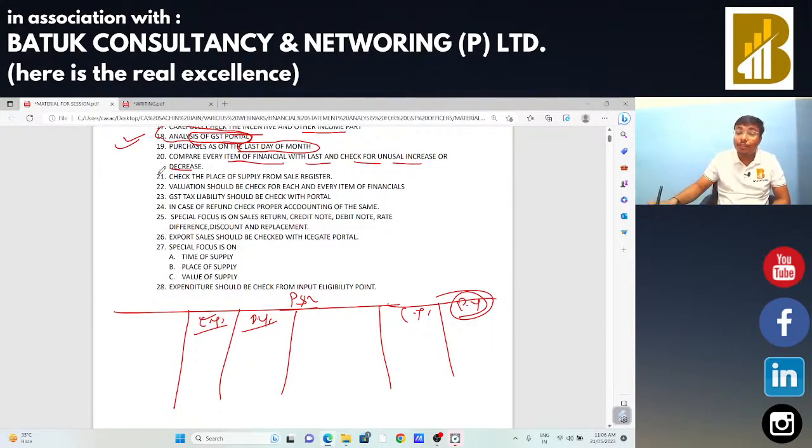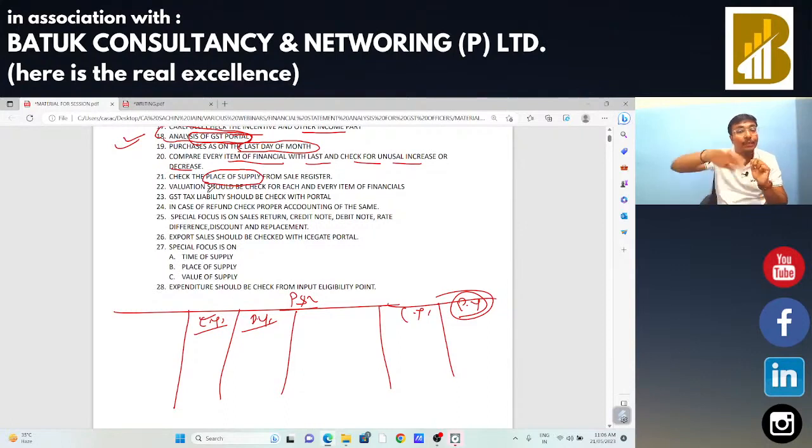Next, check the place of supply from the sales register. Sir, when you are going to check the sales register, these two documents are very relevant, for the sales register and for the purchase register. And in most cases of the bill-to-ship-to model, you find certain things. So when you analyze the sales register, you need to check from the state whether the place of supply is correct or not.